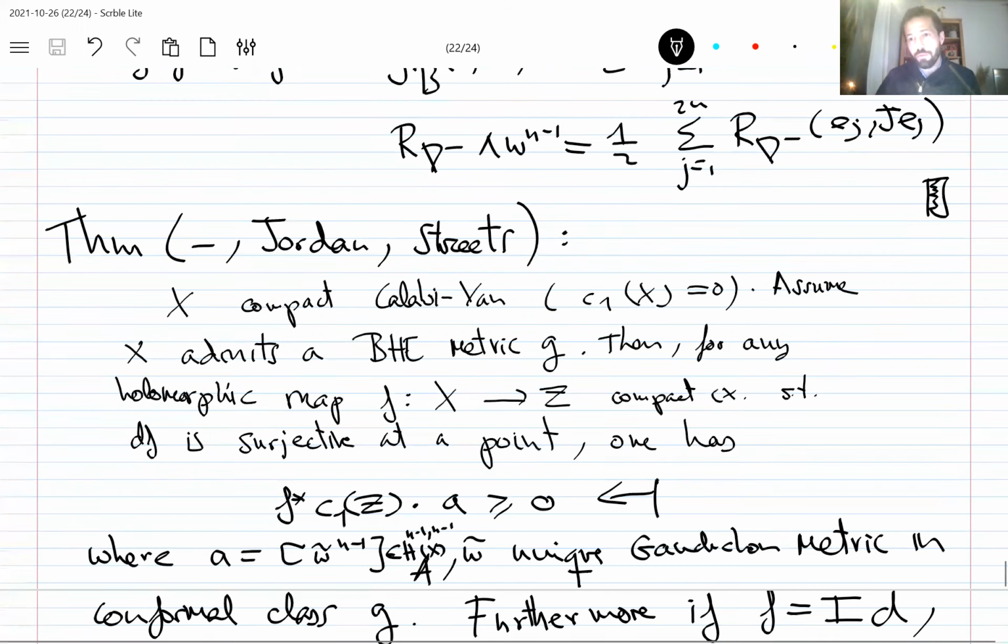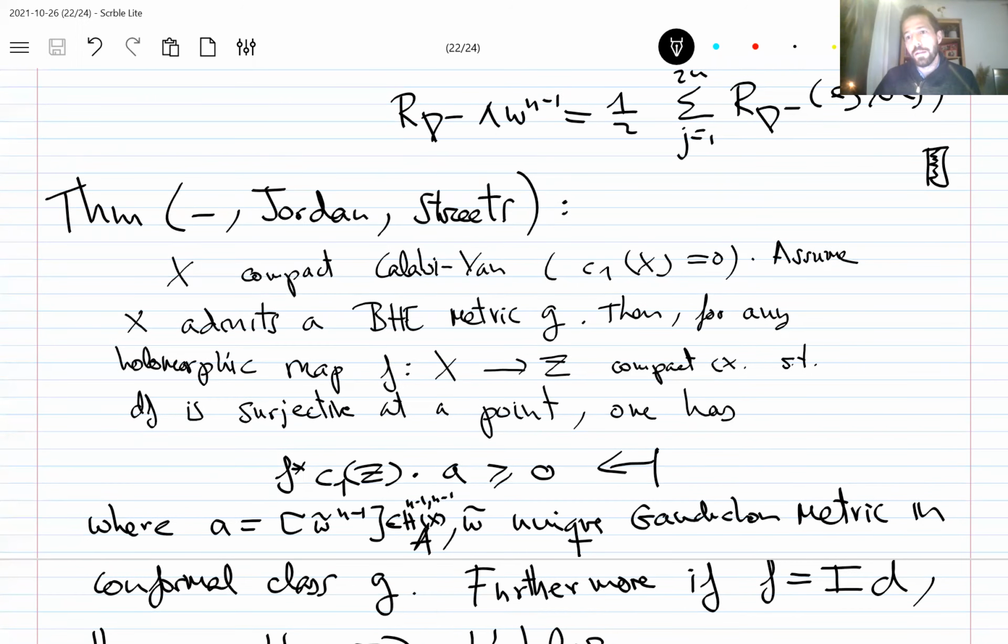If you have a solution of Hermitian-Einstein with some Hermitian metric, the way you measure the slope and the degree is you consider the unique Gauduchon metric in the conformal class of G, consider its Aeppli class and pair that Aeppli class with the class in Bott-Chern homology of the determinant.